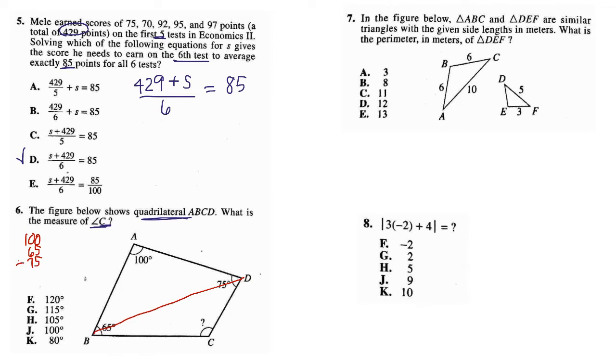And when we add all those together, it looks like we're going to get 240. And then 360 minus 240 is going to leave us with 120 degrees. So angle C has to be answer choice F.